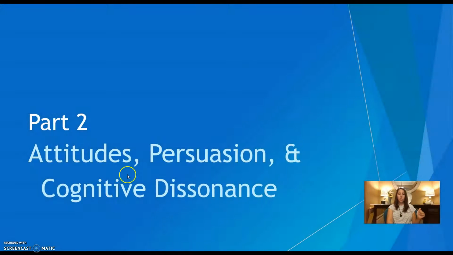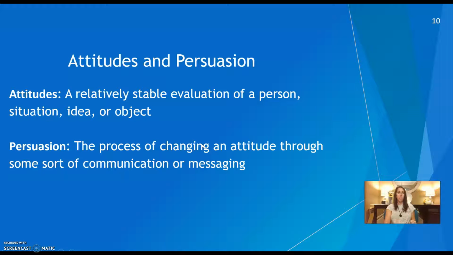So we will get into part 2 with the discussion of attitudes, persuasion, and cognitive dissonance. If my clicker will work. There we go. So attitudes and persuasion. An attitude is your evaluation of a person, a situation, an idea, or an object.